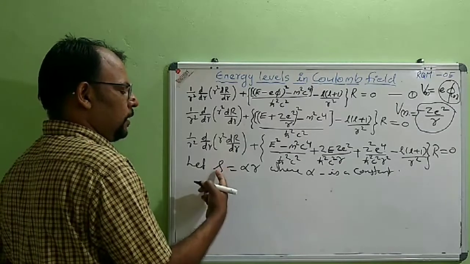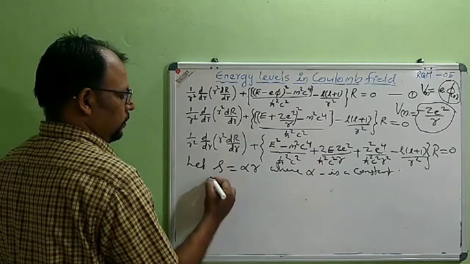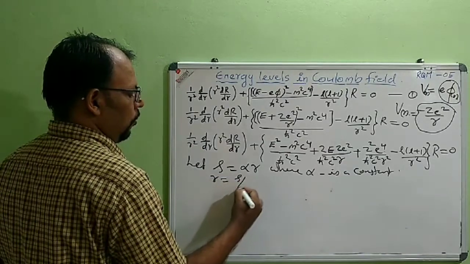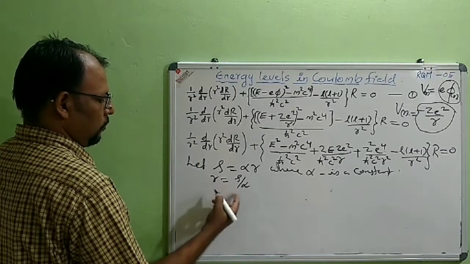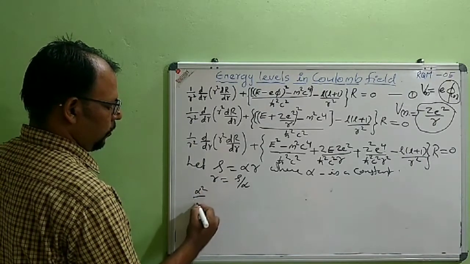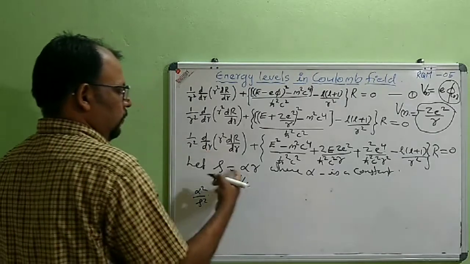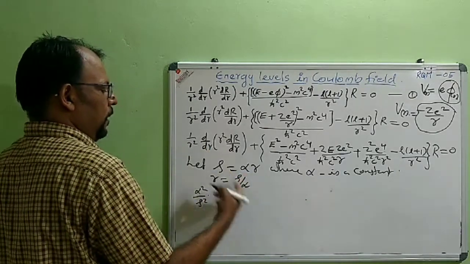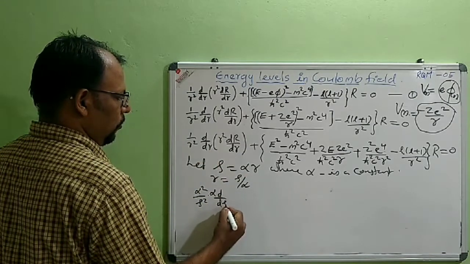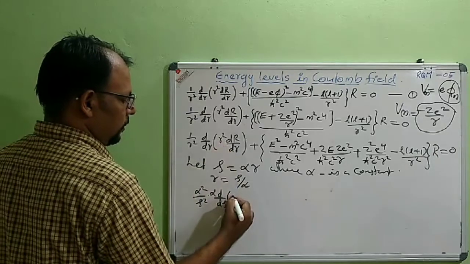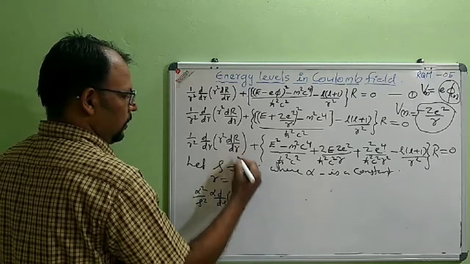They are connected by the relation ρ = αr. So r will be ρ/α. Then 1/r² we can write as α²/ρ², and d/dr, when we replace r by ρ/α, will be α d/dρ.